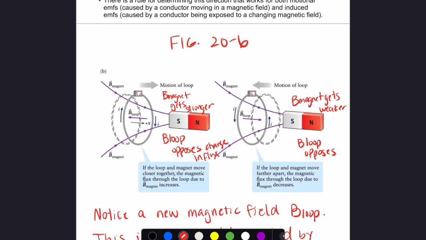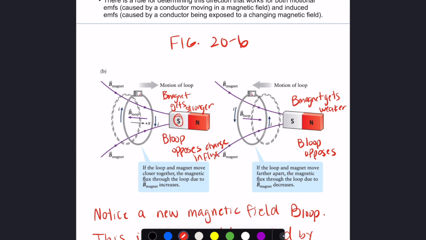And the magnetic field is pointing to the right because that's the direction it goes towards the South Pole. But B loop is going to oppose that increasing magnetic field by creating a magnetic field in the opposite direction to oppose the change.